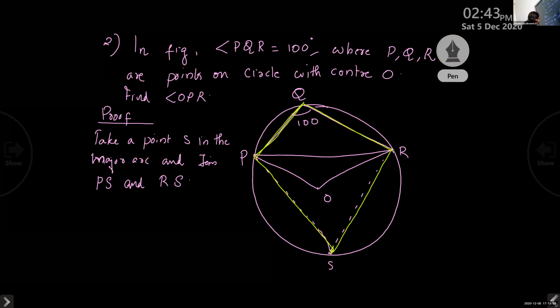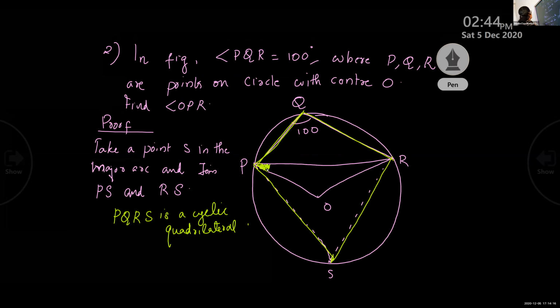Okay, so PQRS is a cyclic quadrilateral. We have to find this small angle OPR.